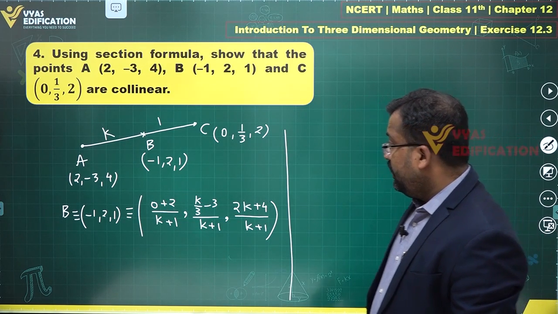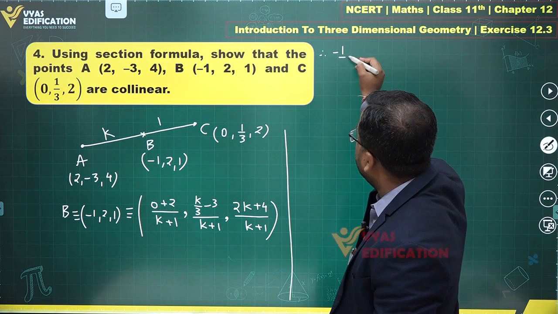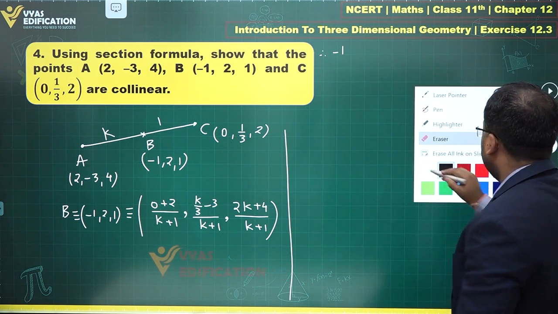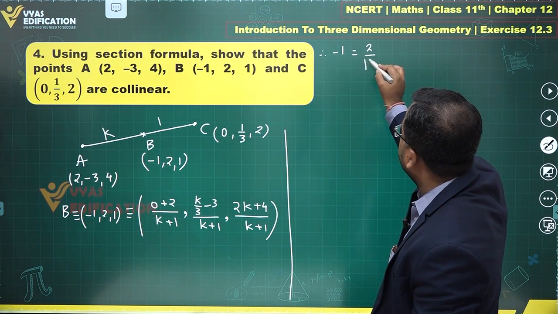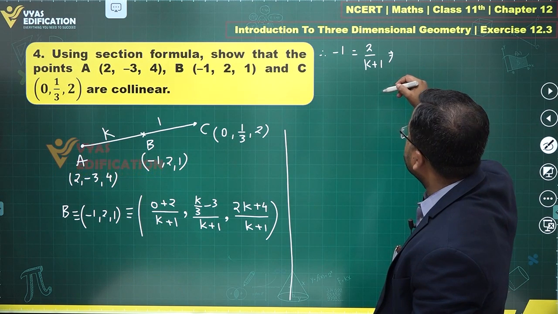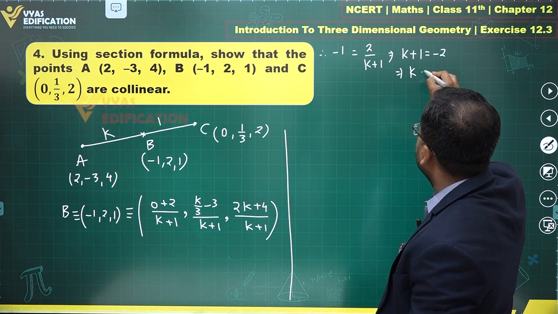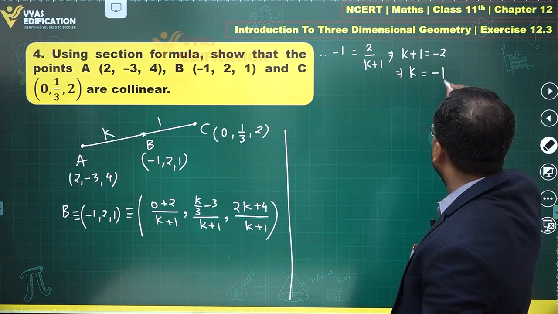Yes. Let's use the X coordinate. Minus 1 is equal to 2 upon K plus 1. That gives me K plus 1 is equal to minus 2. K is equal to minus 1. Sorry, minus 3 is what you're getting, right?